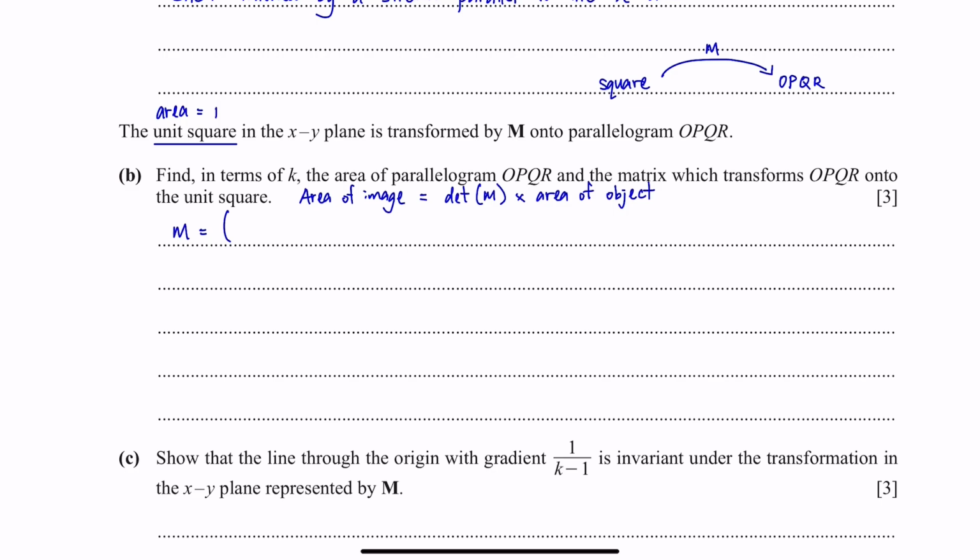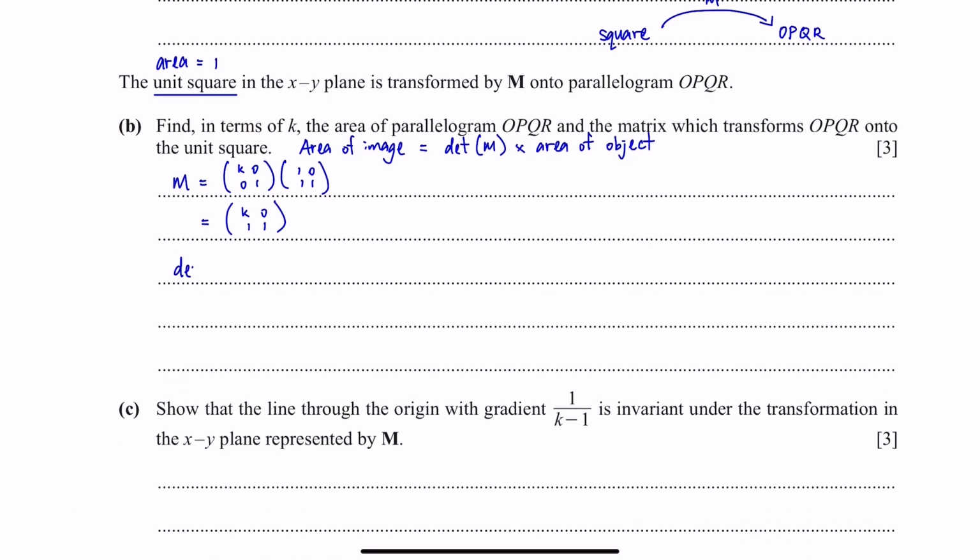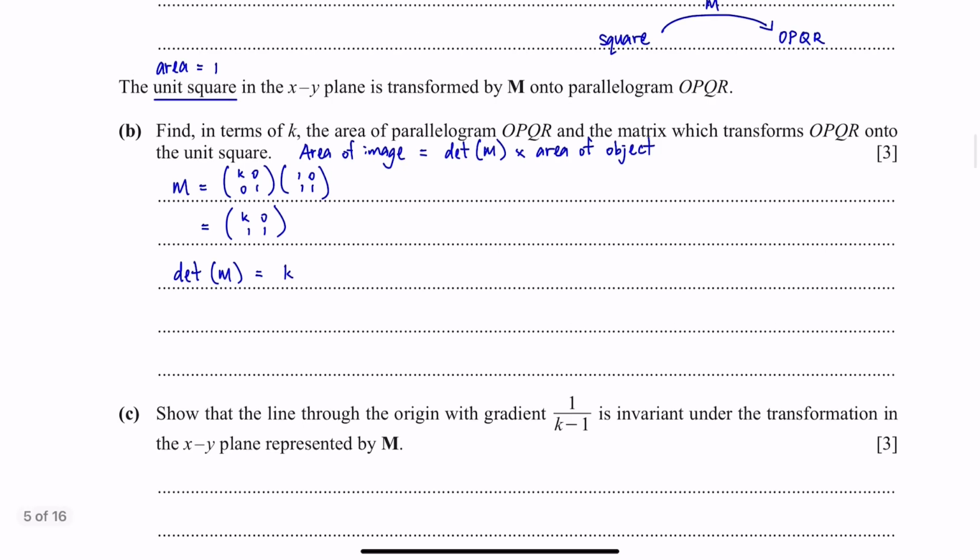M is (k 0; 0 1) times (1 0; 1 1). So M is (k 0; 1 1). And the determinant of M is k. So the area of OPQR is k times 1, which is also k.